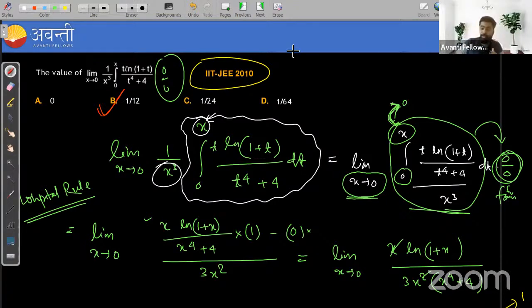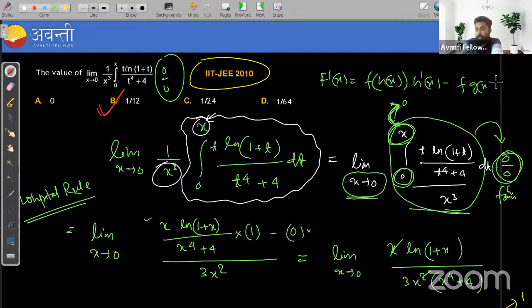Then we use the Leibniz theorem because in the limit section you have the variable or function of x. What does the Leibniz theorem say? F dash of x is equal to f of h of x, that is f of the upper limit into the derivative of the upper limit, minus f of g of x, that is f of the lower limit into the derivative of the lower limit.